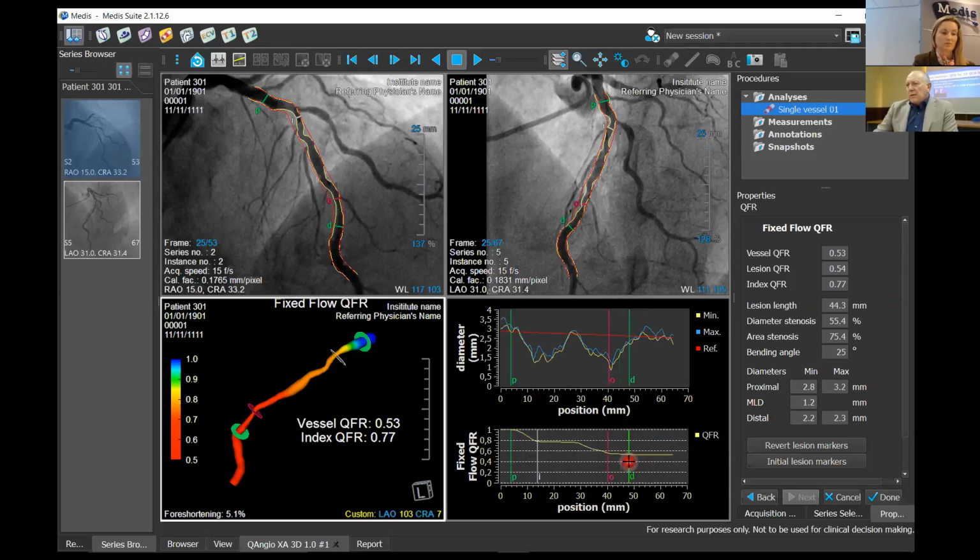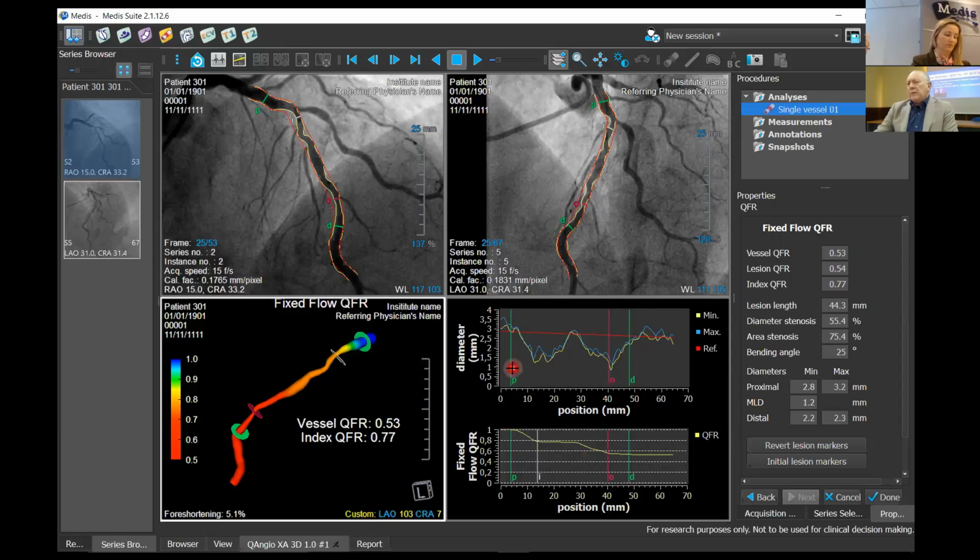This is important. As another indication, if you have a diffuse disease with lesions that are points in which the pressure drops, you can use this tool to understand how and where to put the stent, and how much of the artery must be covered with the stent.